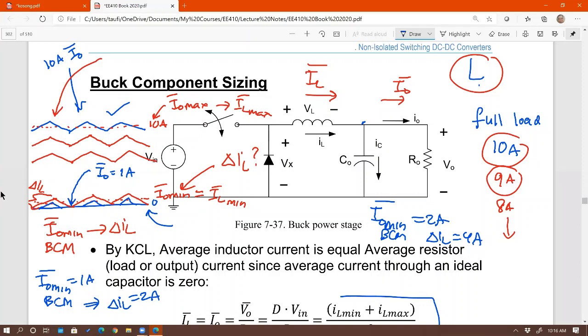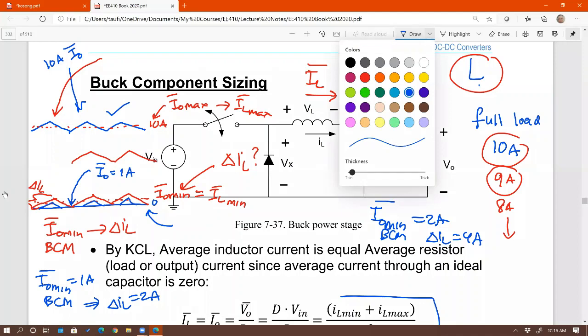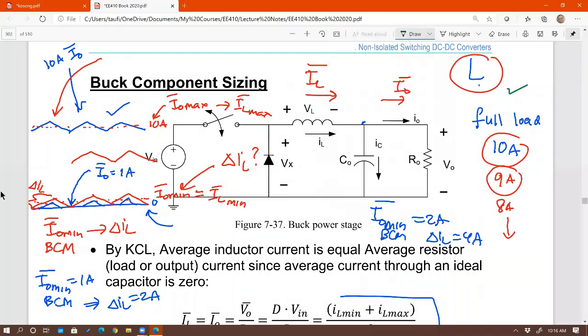The second point: this is getting crowded here, so I'm going to erase some of these. Now I'm going to use green. If I change the peak-to-peak ripple, I'm going to do the opposite effect here. Now I'm going to have my triangular waveform this way, at full load.